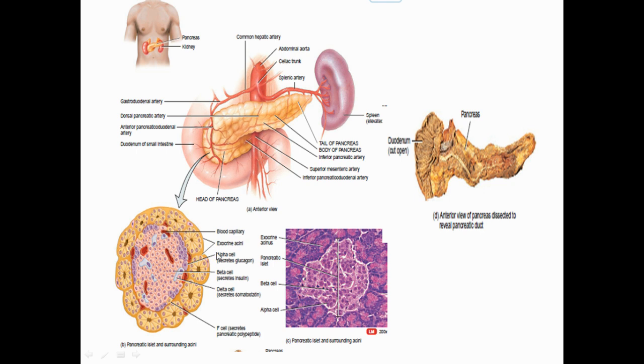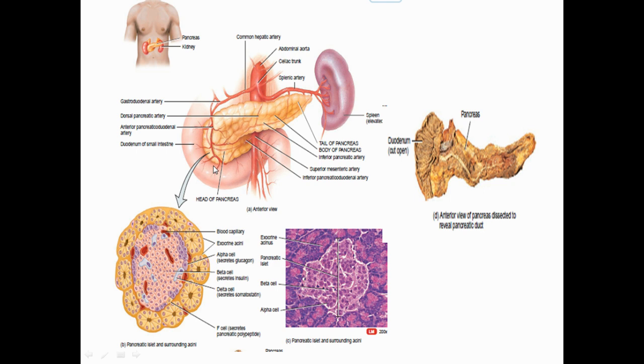The important role of the pancreatic juice is to convert the pH from acidic to alkaline, which is contributed by the bicarbonates. So the secretion of the bicarbonate will change the pH.